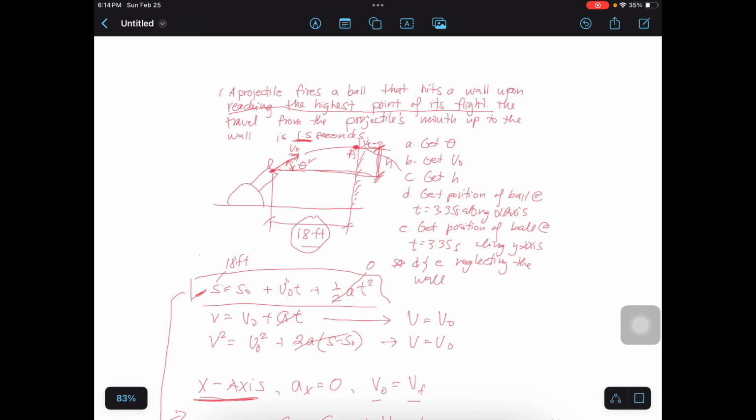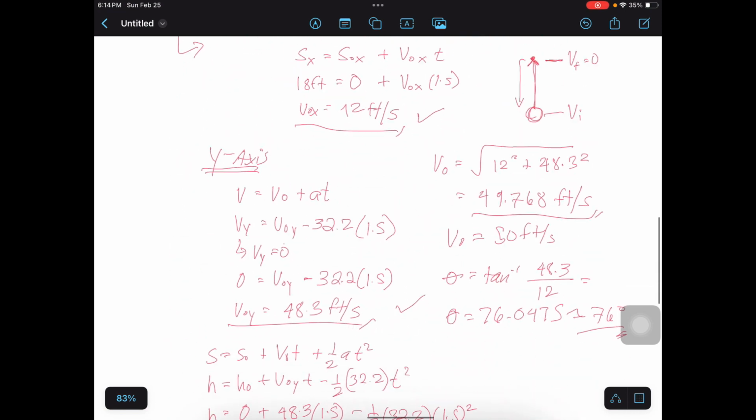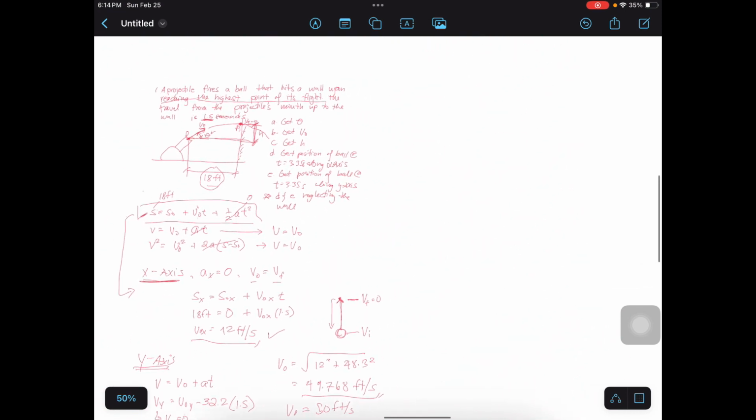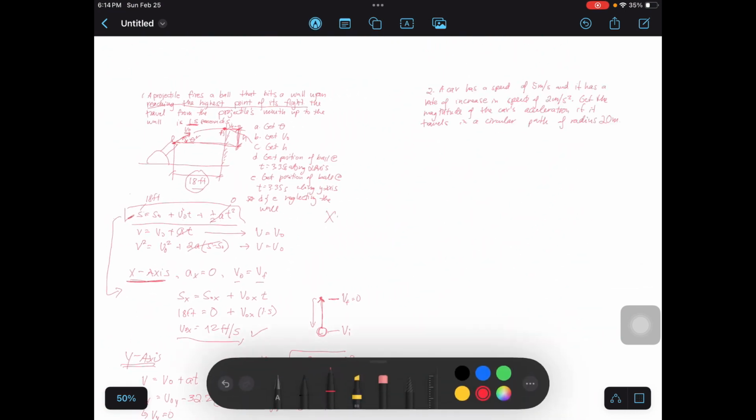Then, next, get yung position niya along x-axis at 3.35 seconds. So, x-axis muna. Ano ang formulang pwede natin gamitin? Of course, ito din.